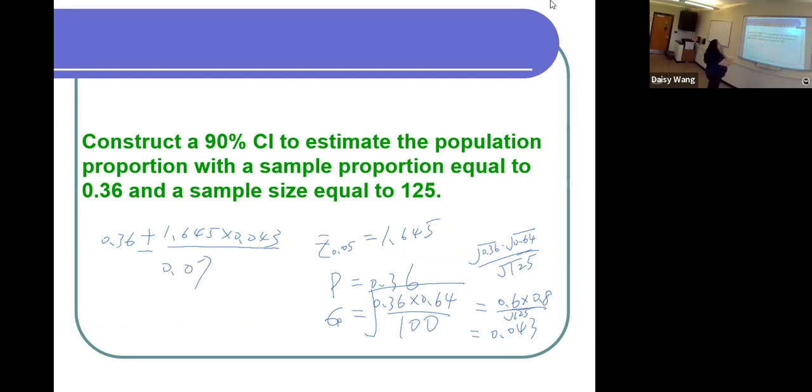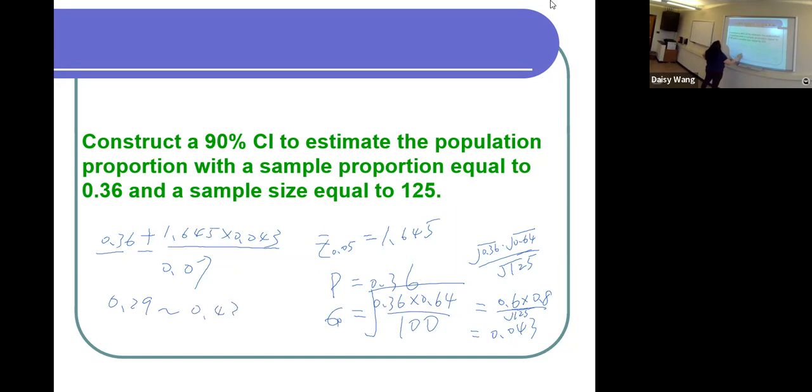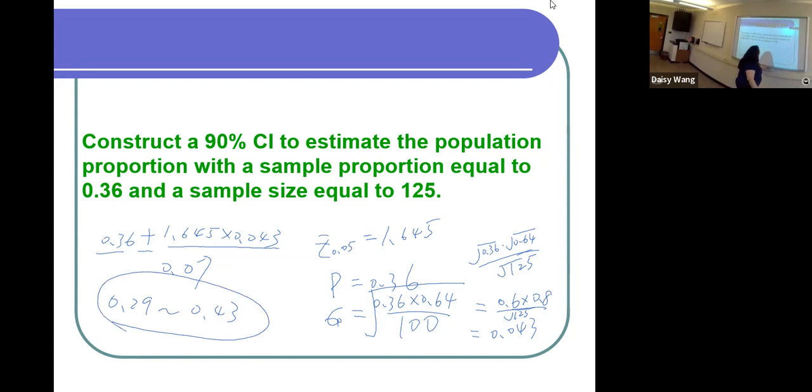Okay, yeah, it's possible, 0.07. So 0.36 plus minus 0.07, so it will be between 0.29 to 0.43. That's the answer.